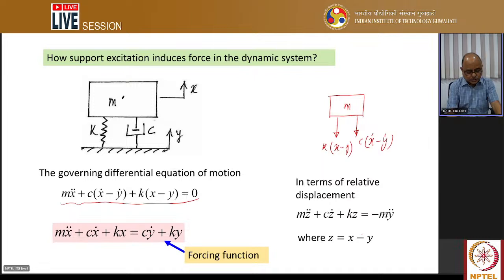Here c y dot and k y are the forces. This is the force due to damping, and this is the force due to the spring. So these forces will act on the mass, and the base motion induces these forces.